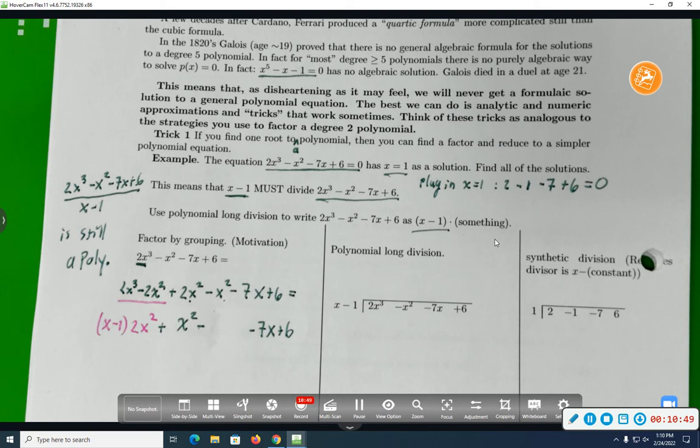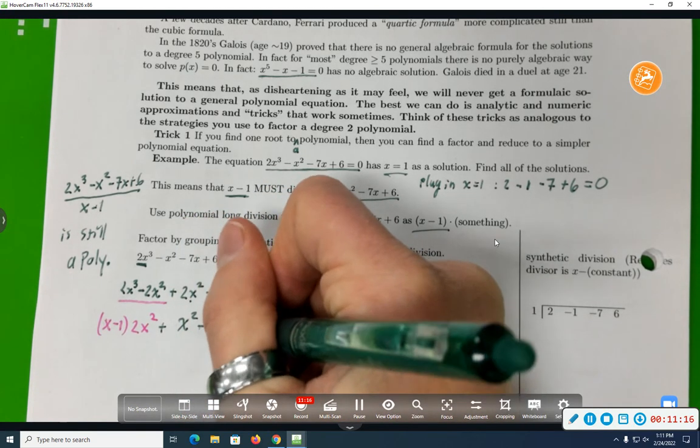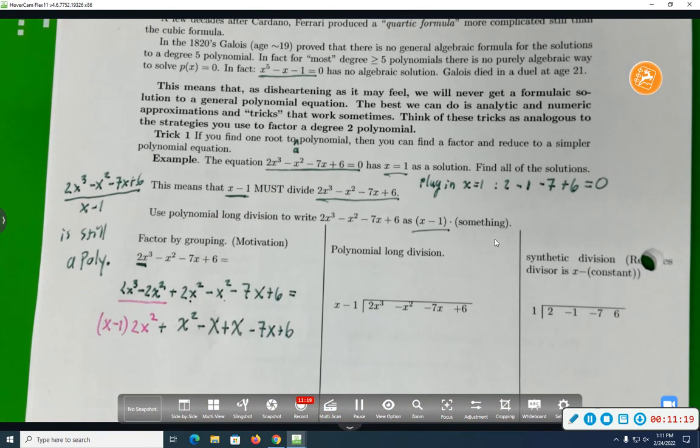Have I made an error? Other people check my stuff? So here's the reason that that's a plus 2x squared. I needed this x minus 1 to show up, so I needed a minus 2x squared. But that meant I had to add a 2x squared to undo that. Cool. So same thing here. X squared, and now I need to minus an x. But to do that, I have to plus an x. So I've added and subtracted the same thing.